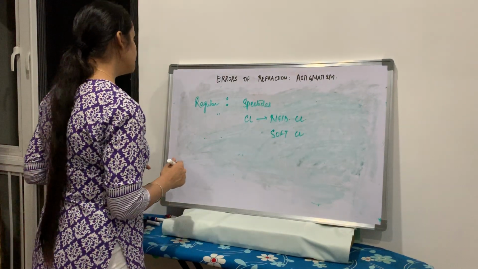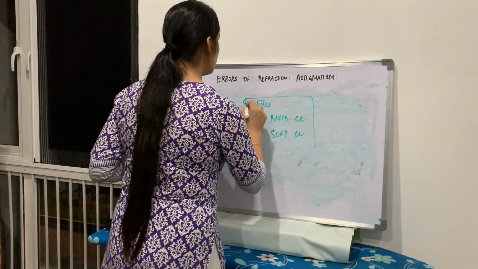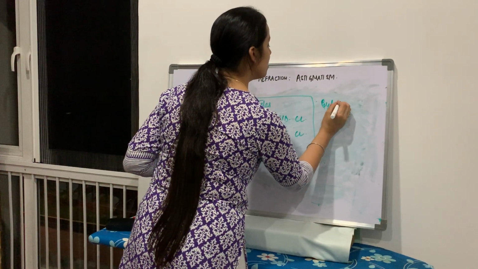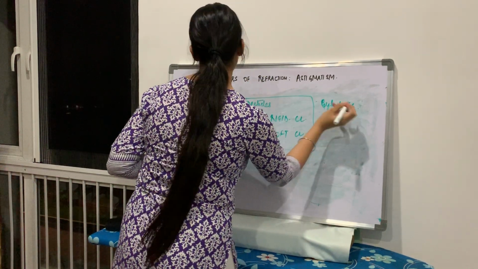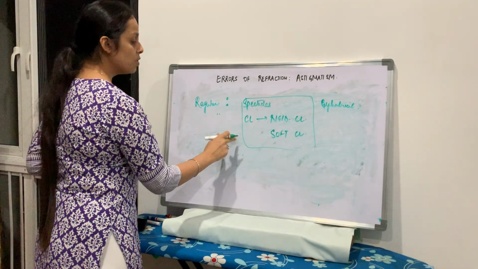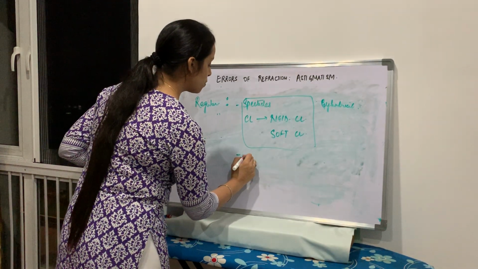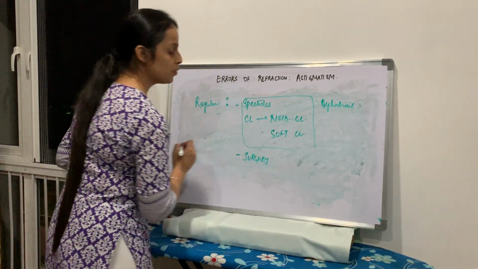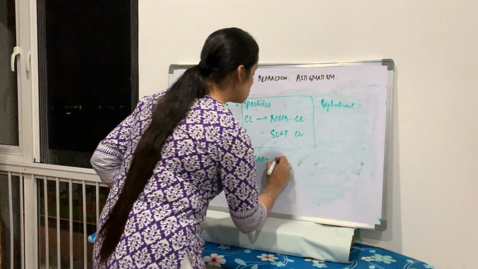I told you that you have to give cylindrical lenses in these patients. So the treatment is cylindrical lenses. Or you also have the option of surgery. You can do surgical correction for these patients. What are the surgeries available?